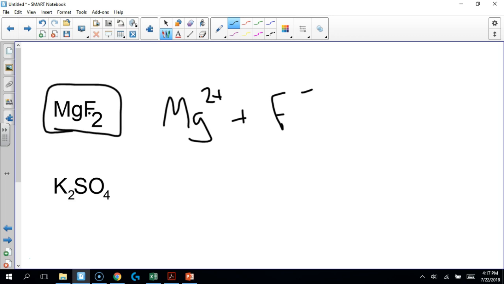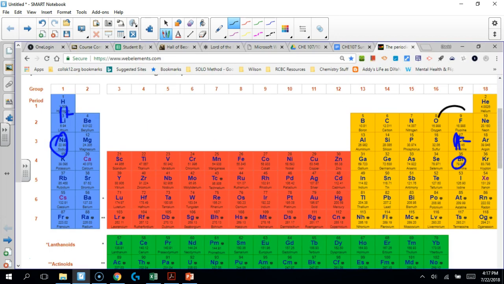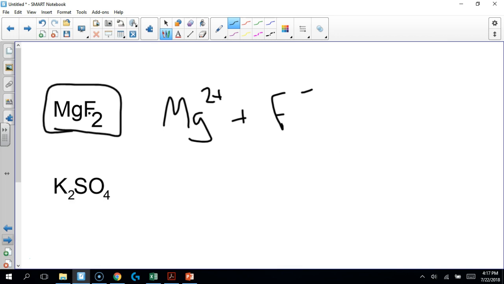The formula of the ions does not change. That's determined by the periodic table. F is here. It's going to be 1 minus, and that's the way it's going to be. So here we have Mg2 plus and F1 minus.